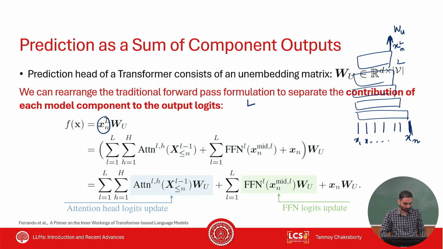So the final output f of x, the distribution that you obtain, is essentially xn l times W u, the unembedding layer.